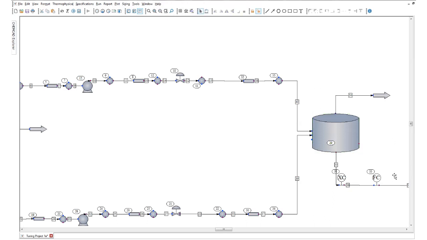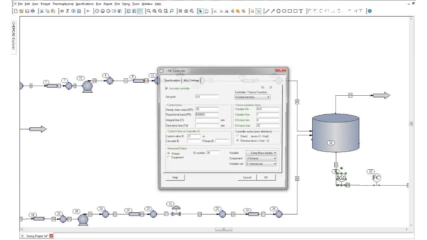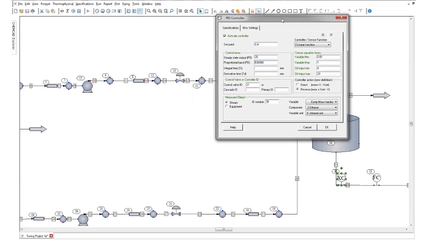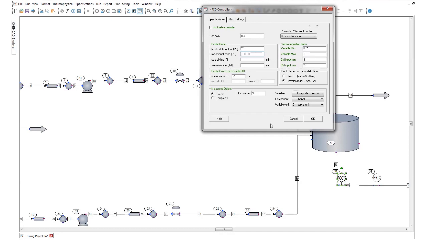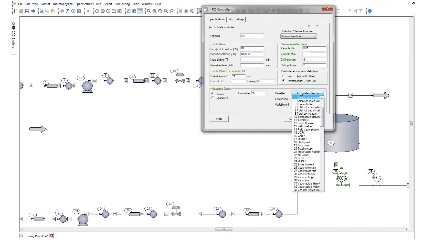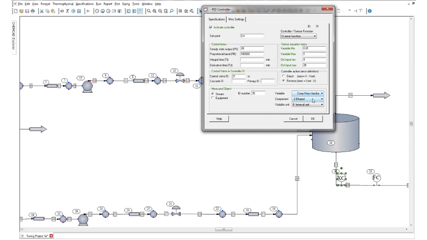So coming out of the bottom, I have a composition controller. And at the present time, I'm looking at the component mass fraction of ethanol. Mass fraction has no units, so I use internal units.